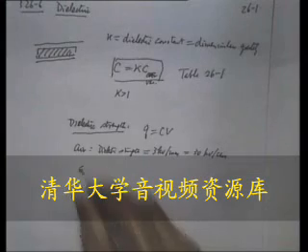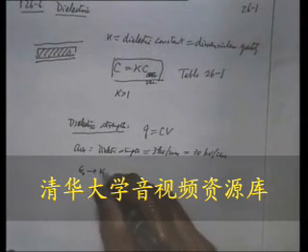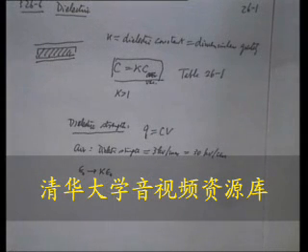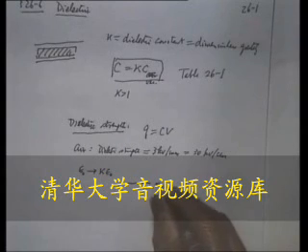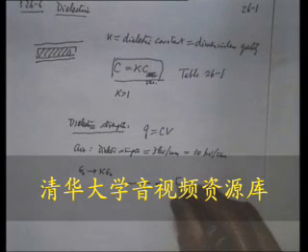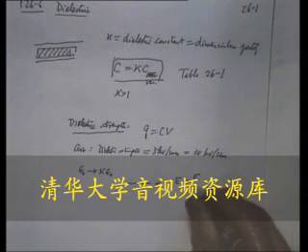We had used a constant epsilon 0. When you have a dielectric constant, all you have to do is replace epsilon 0 by kappa epsilon 0, then every formula is correct. For example, if you have a surface charge sigma, the electric field usually is sigma over epsilon 0.